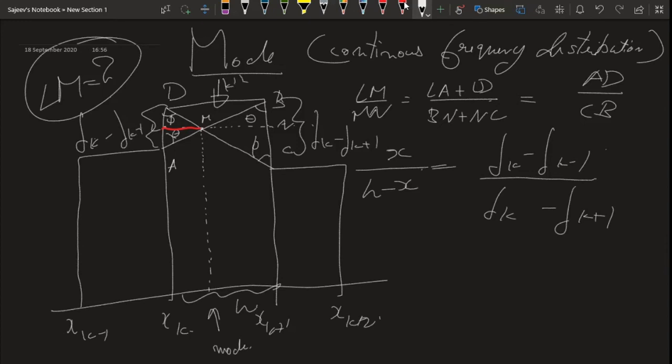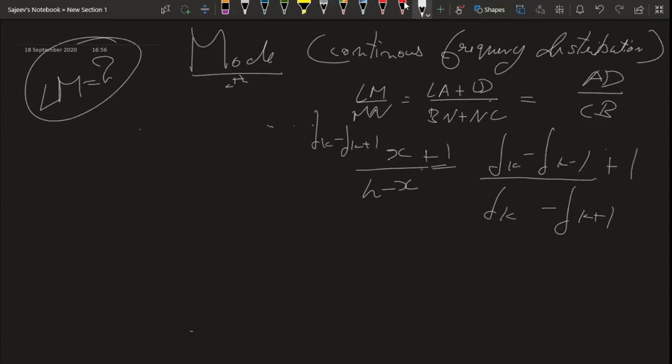That is why the mode lies in this region, right? That's why we are using fk minus fk minus 1 and fk minus fk plus 1, to keep everything positive. Okay, so our work is almost done. Now all that is left is finding x.